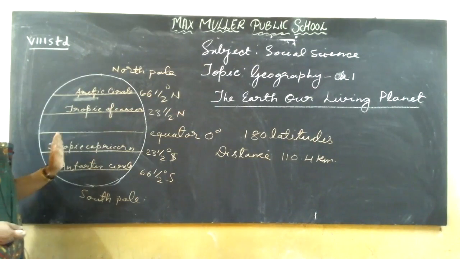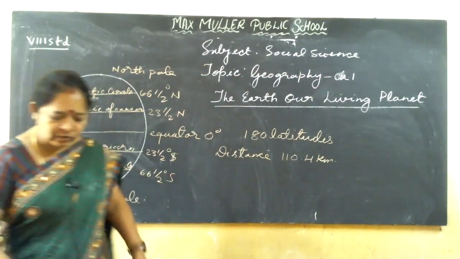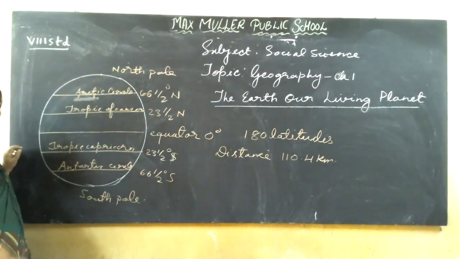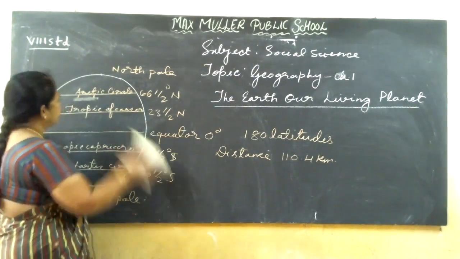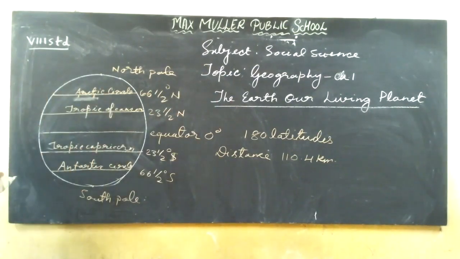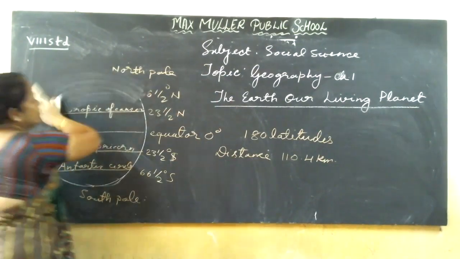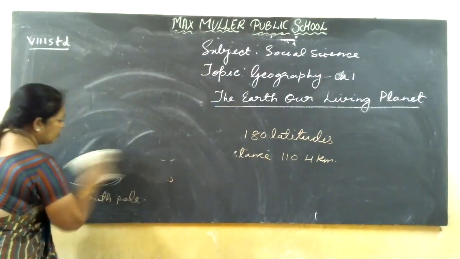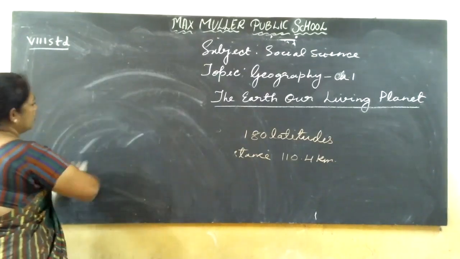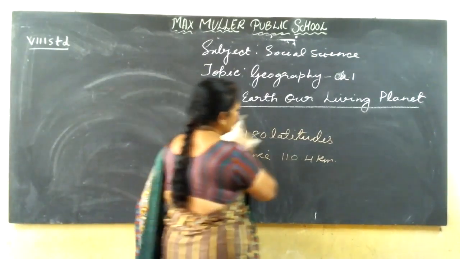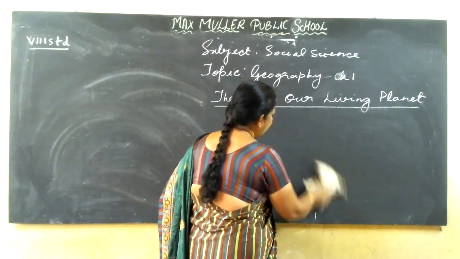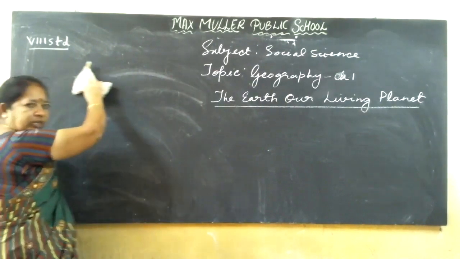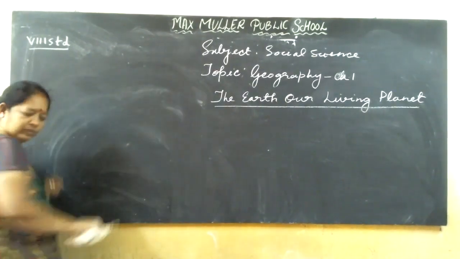Next we have the longitudes. Longitudes run from north to south. And where these latitudes and longitudes meet, that point is called a grid.